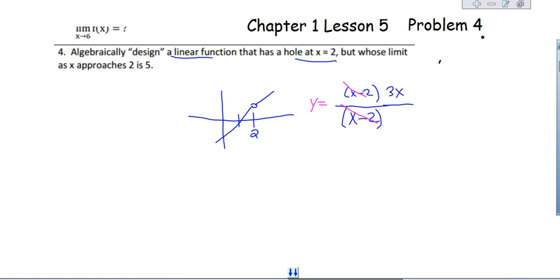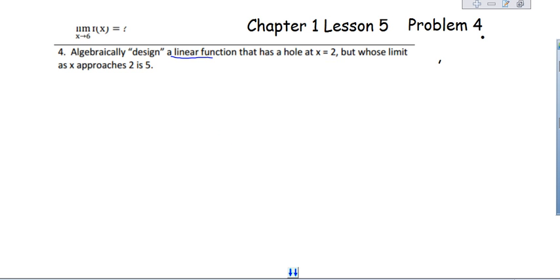So let me see if I can get rid of this little theory work here, and let's go right to the problem and see if we can make some sense out of it. So let's go ahead and put our graph on here, and we know at x equals 2 we're going to have that.